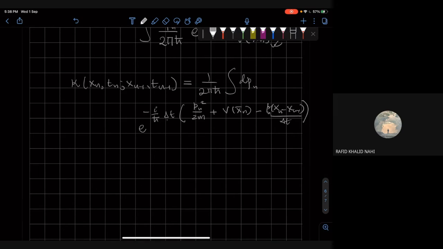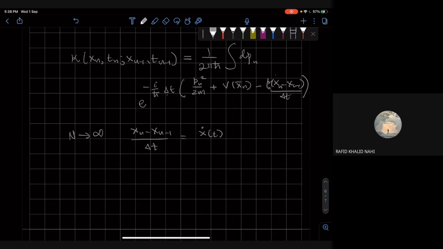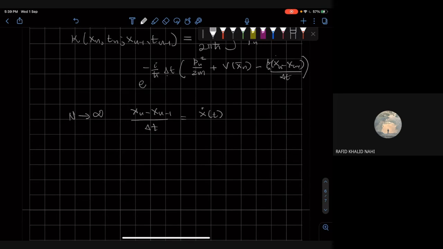Now, I have an infinite number of these things, right? So in the limit where n goes to infinity, this thing, xn minus xn minus 1 divided by delta t, becomes x dot of t, right?